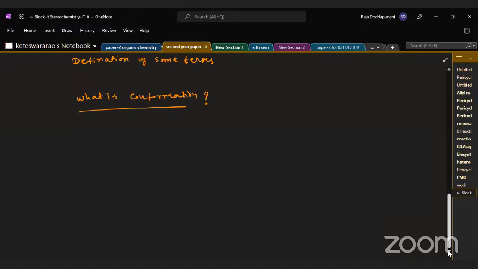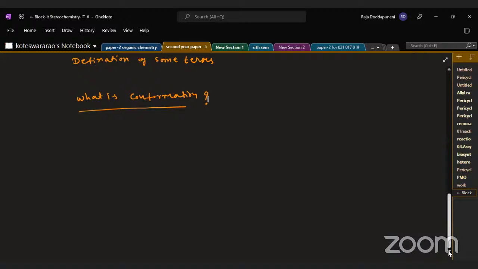Is there any stereochemical molecule that will generate its corresponding isomer by the rotation of one or more single bonds? Suppose the molecule has only one single bond, it undergoes rotation about that one single bond.